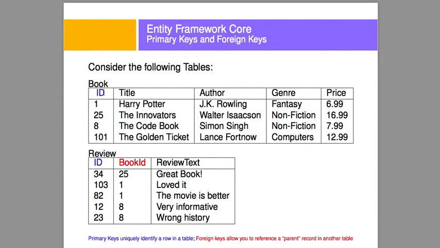Now, these attributes, these columns that don't repeat are usually called primary keys. And a foreign key is a column that is actually a primary key someplace else. That will be a foreign key that we use to tie one table to another, like book ID. So that's what you need to know about databases in order to start using the Entity Framework Core. So let's get to it.